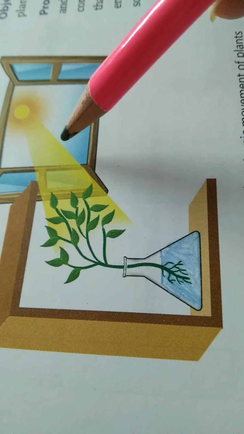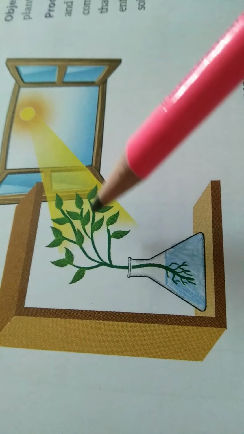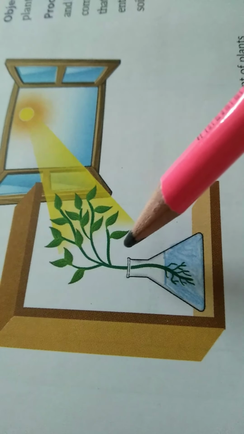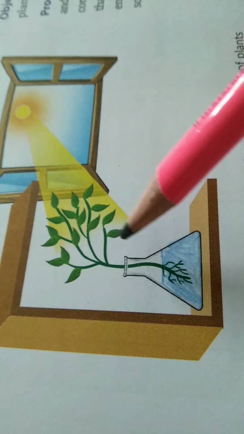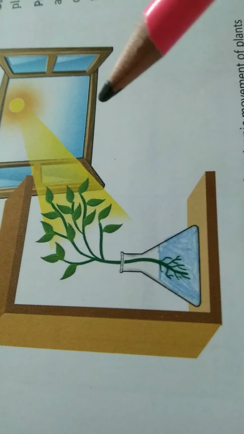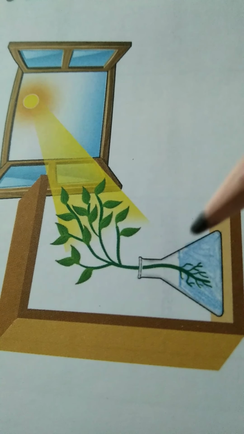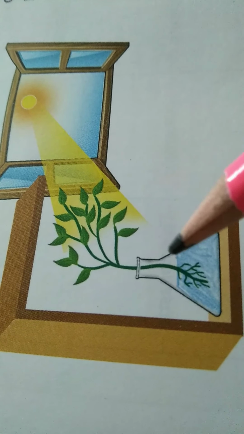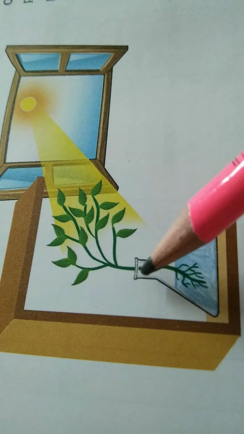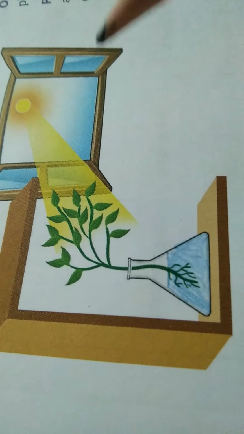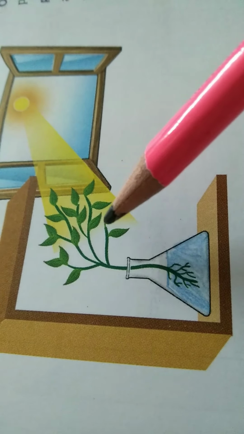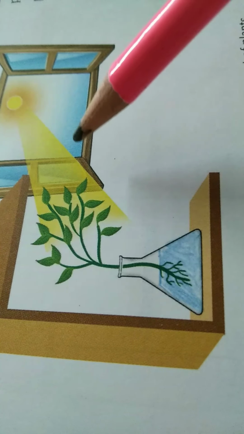After 2 or 3 days, you will observe that the shoot bends towards the light and the root moves away from light. Auxin theory also explains that phototropic response. The greater concentration of auxin on the shaded side causes the higher growth on that side. Hence, the shoot bends towards the source of the light.